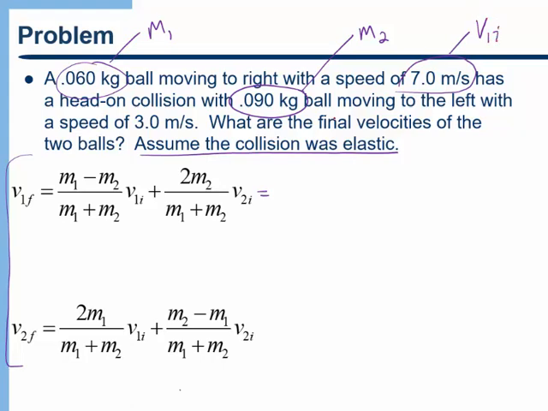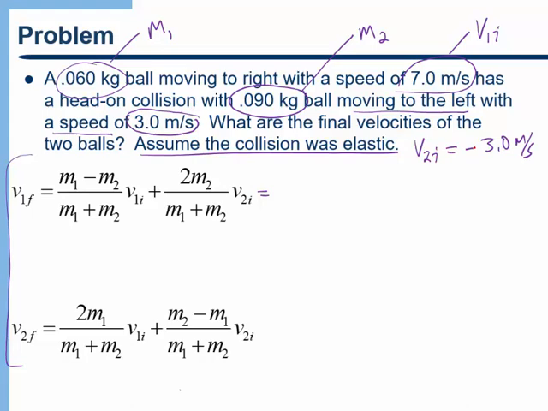Notice that object 2's initial velocity is negative 3 meters per second. I don't know if you noticed, I kind of tried to trick you there. I wanted to make sure you were paying attention when I said moving to the left with a speed of 3 meters per second. So you've got to put in a velocity of negative 3 meters per second.